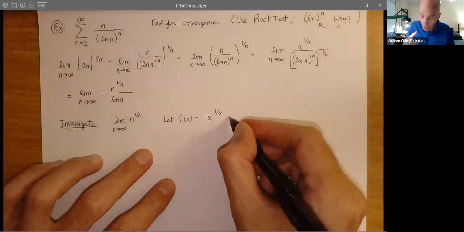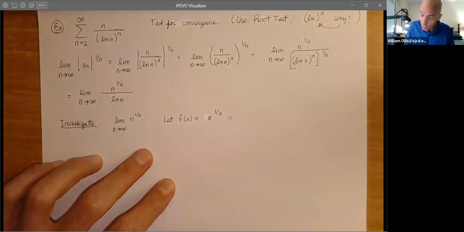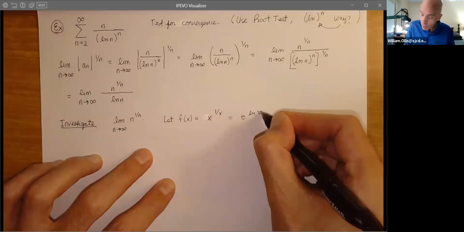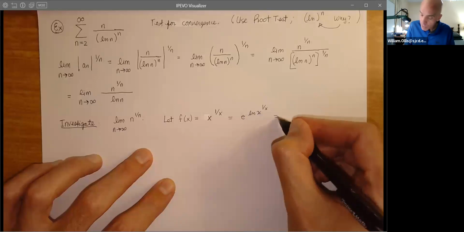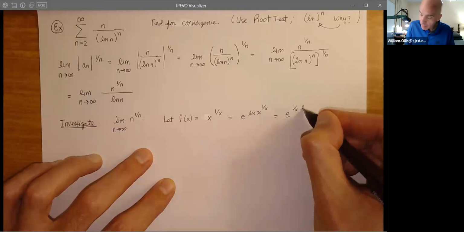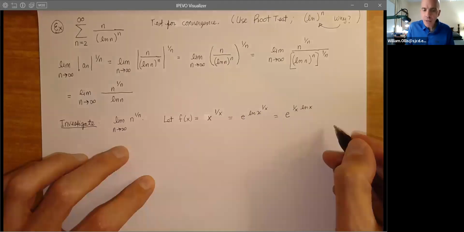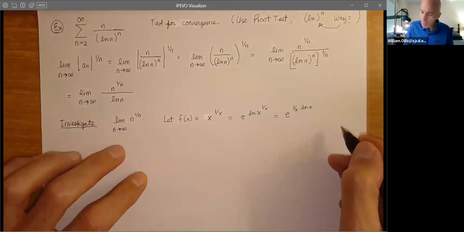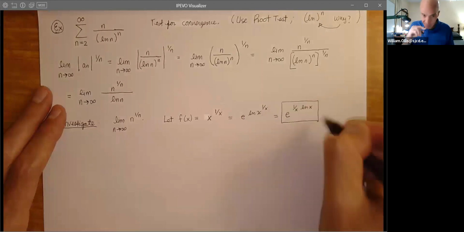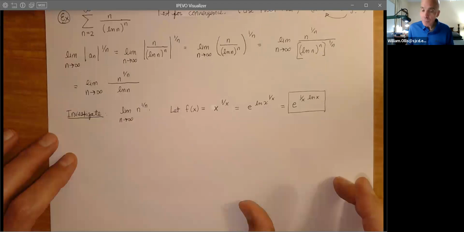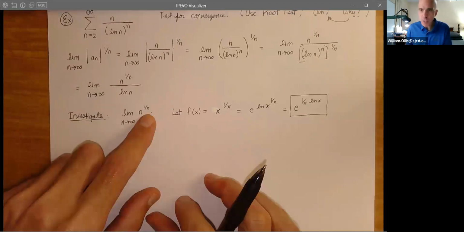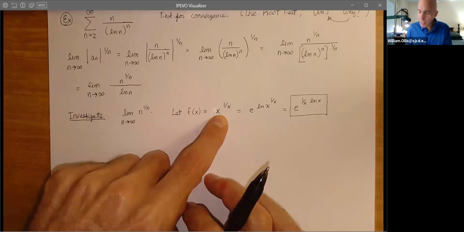So here's what we do. We do the standard trick, e to the ln of x to the 1 over x, which is e to the 1 over x times ln of x. Now what we're going to try to do is get an upper bound for this function and then use the squeeze theorem.